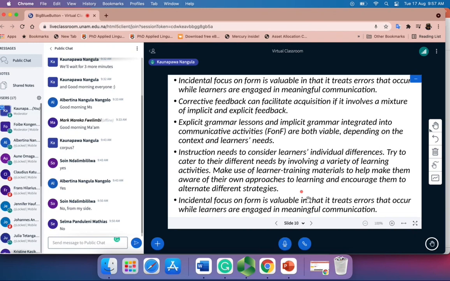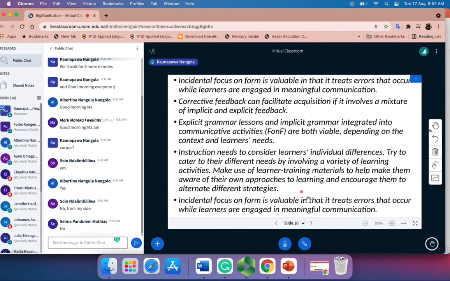Why is it important to use variety in the classroom? It is because the learners have different individual needs, and we want to cater to that. Don't just use one type of activity in the classroom, but use different types of activities to help with the different learning styles and strategies that the learners have.